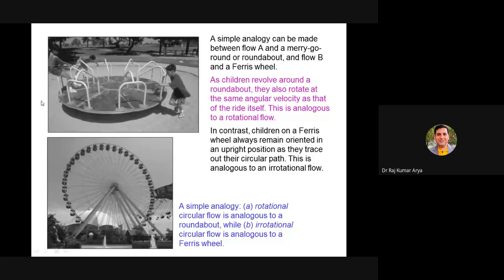You are moving on this particular path here. Then you have a merry-go-round again, so this is again a motion of rotational flow. Now why do they say here that A is rotational flow, circular, analogous to the roundabout, while B is irrotational flow?